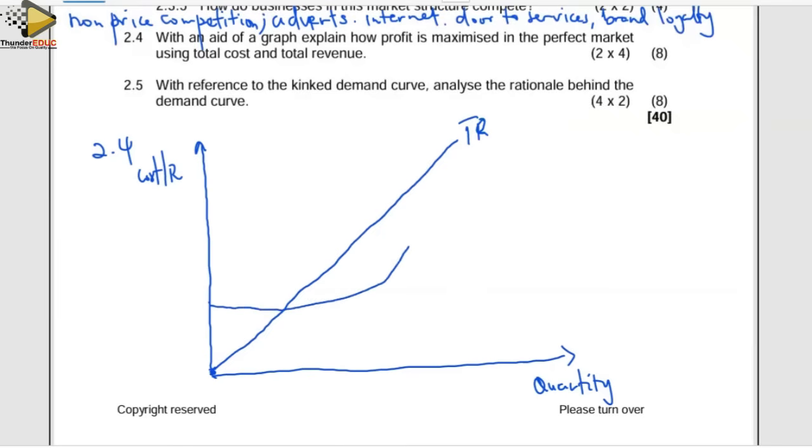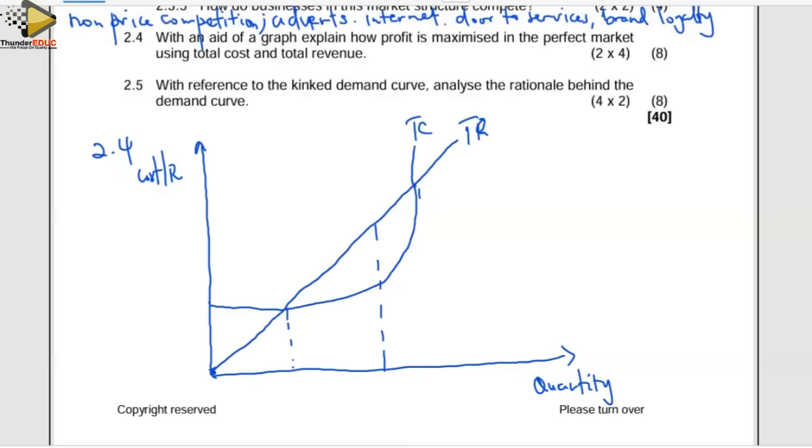Our cost will increase and go slightly up like that to give us a total cost like that. Let's assume we are going to add some figures just for the sake of illustration to make it more practical.